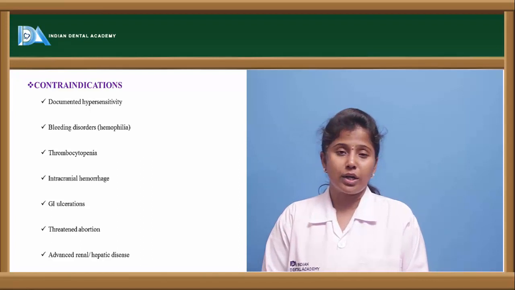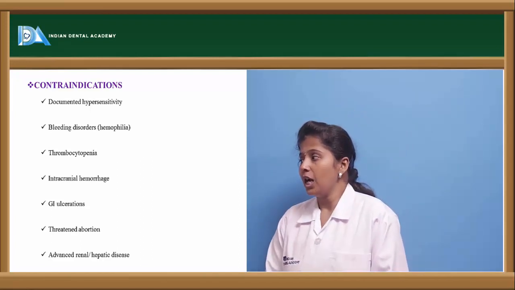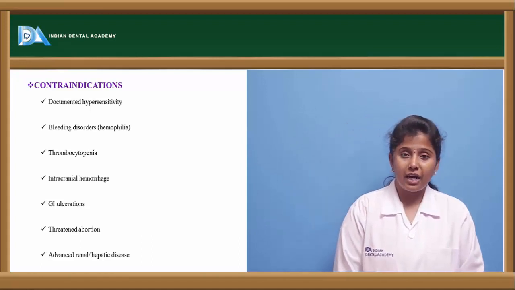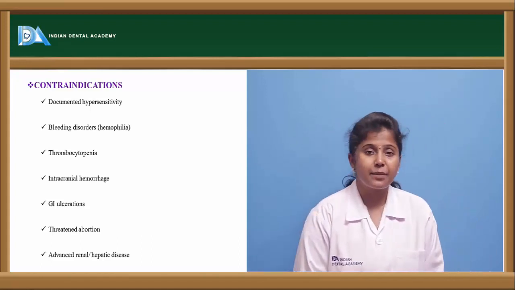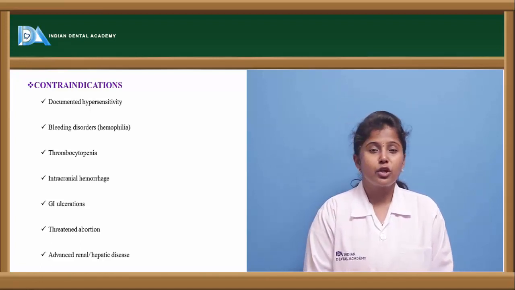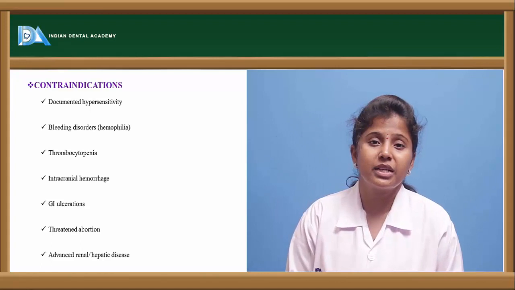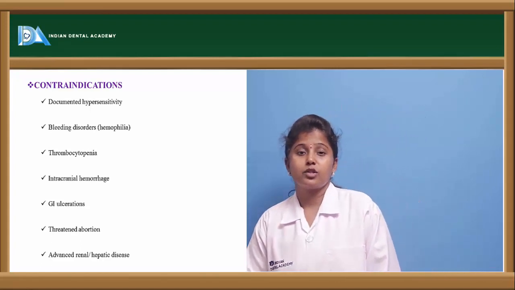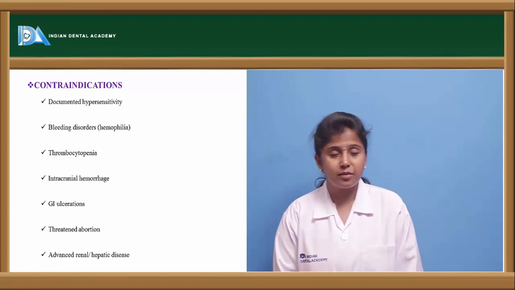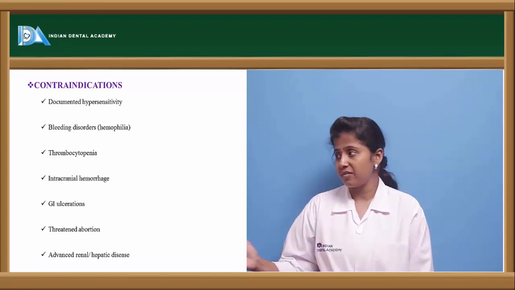Now let us see the contraindications. When should this heparin be contraindicated? This should be contraindicated in hypersensitivity reactions, because heparin can potentiate the anaphylaxis, and we should not give this in hemophilia conditions. Hemophilia is where there is a decreased platelet count leading to excessive bleeding.